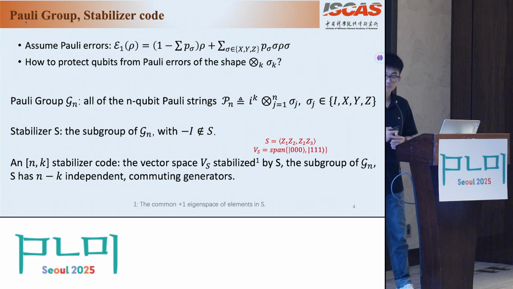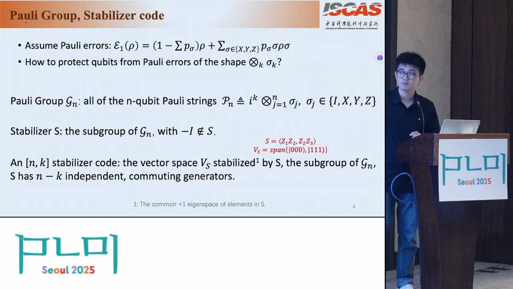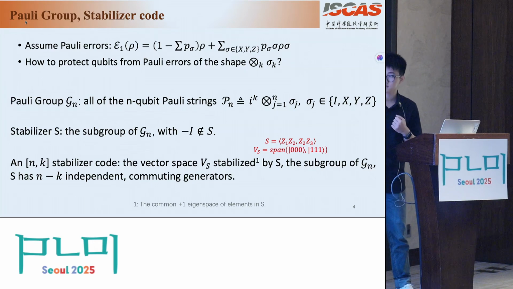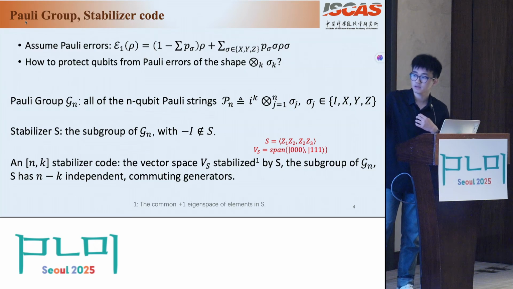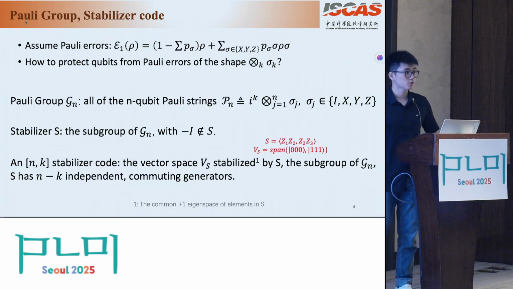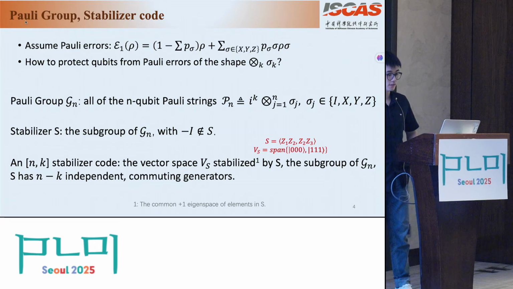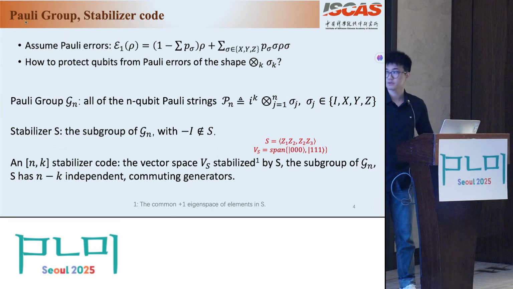The stabilizer is thus a subgroup S of the Pauli group Gn with the constraint that -I is not in S, and the code words are all of the vectors in the subspace stabilized by S. It means the common +1 eigenspace of the elements in S. We thus can protect the qubits by ensuring that the encoded state stays in the code space. For example, the code space corresponding to the stabilizer generators Z1Z2 and Z2Z3 is the span of the 000 and 111 states.